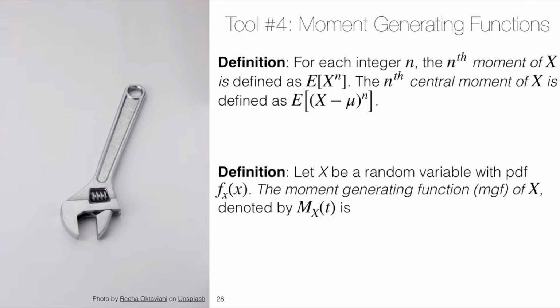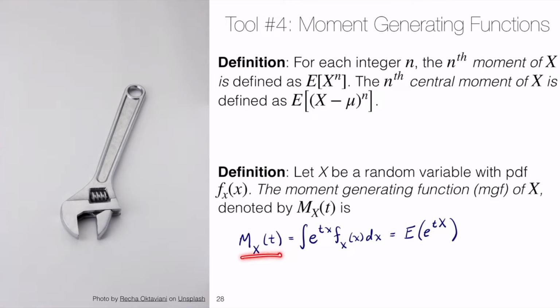We define the moment generating function, with notation m subscript x, and it's a function of some variable t, to be the integral of e to the tx times the PDF of x dx. Another way to write this is that it's just the expectation of e to the tx, where x is our random variable with PDF f of x.